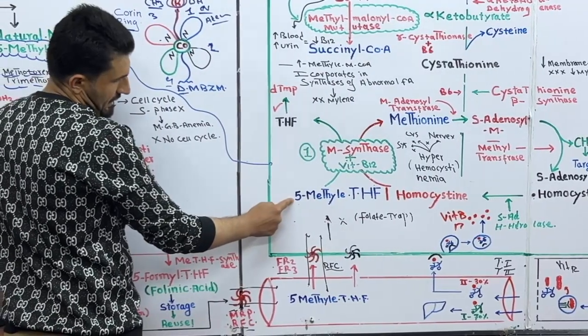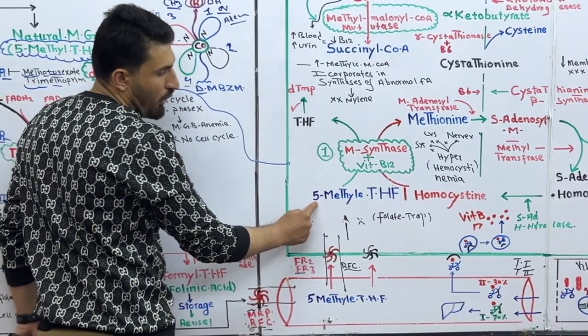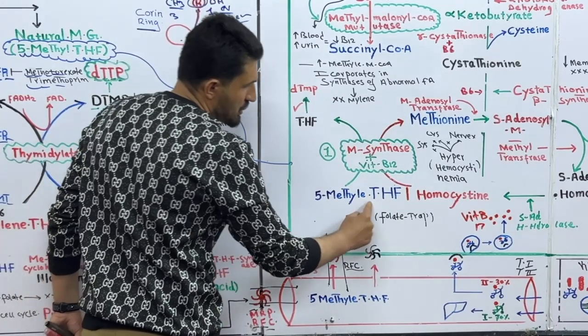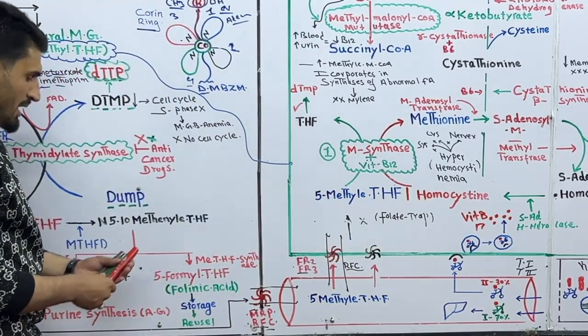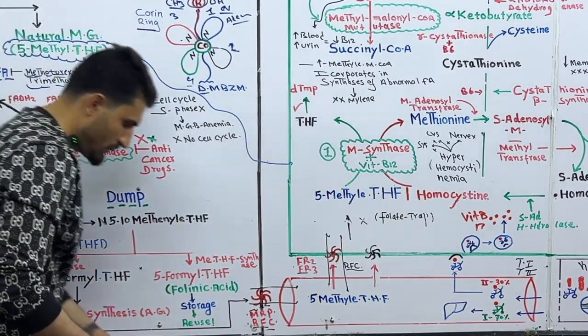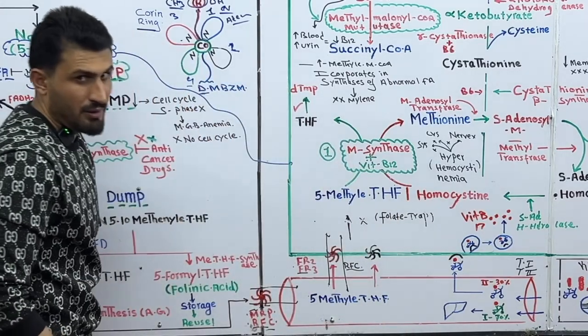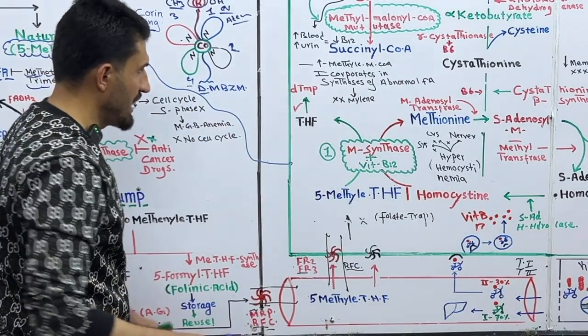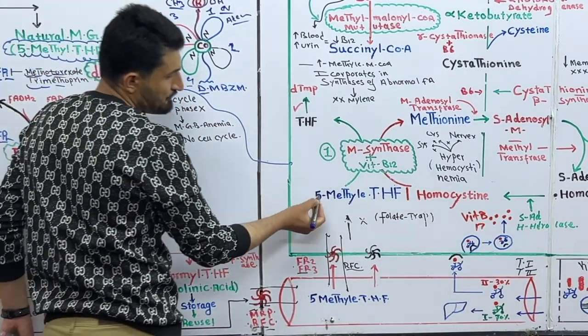We have folate in the form of 5-methyl tetrahydrofolate. This is very important. Now we will convert it, because I'm going to make a nucleotide and some other things.